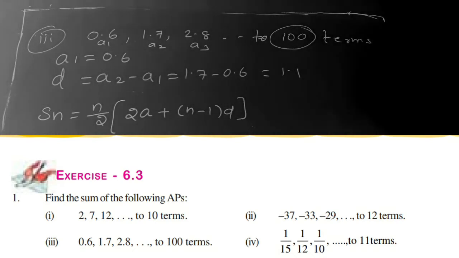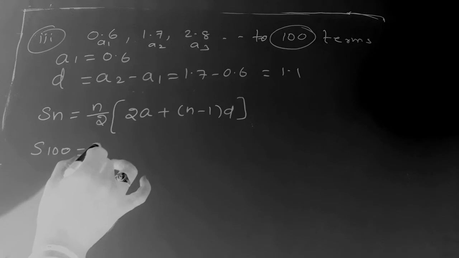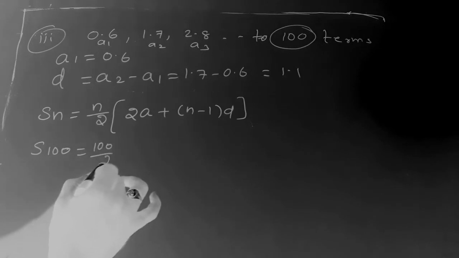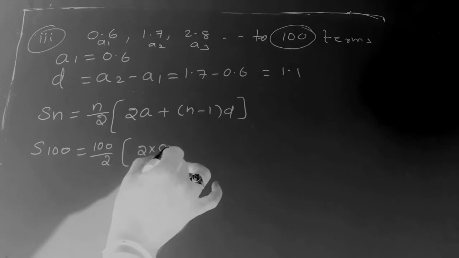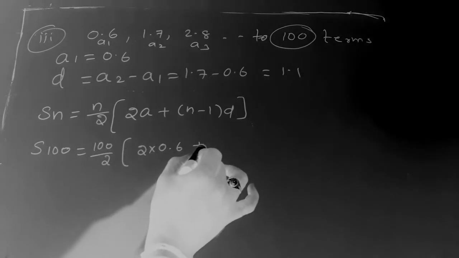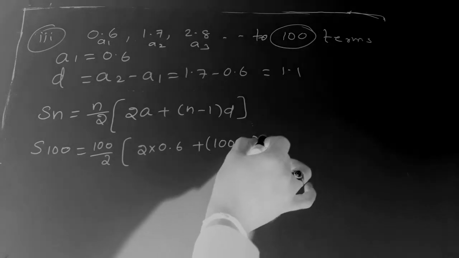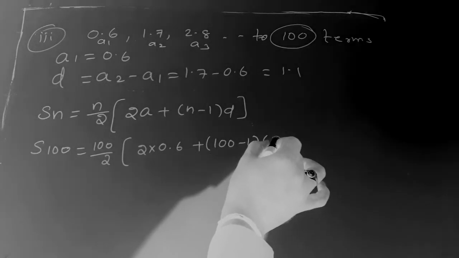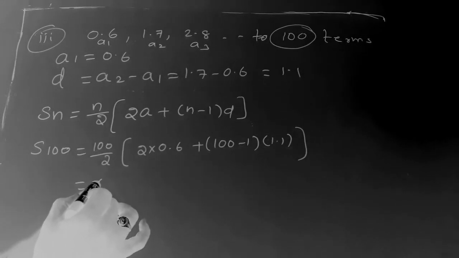So where S100, n value is 100 here. So this is 100 by 2, 2a, 2 into 0.6, plus n minus 1, 100 minus 1, and the difference is 1.1. 100 by 2 is 50 here.